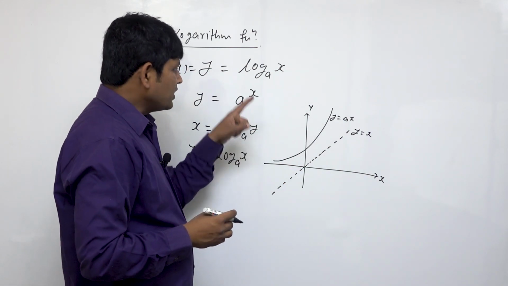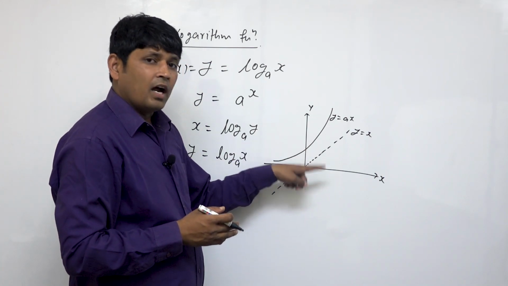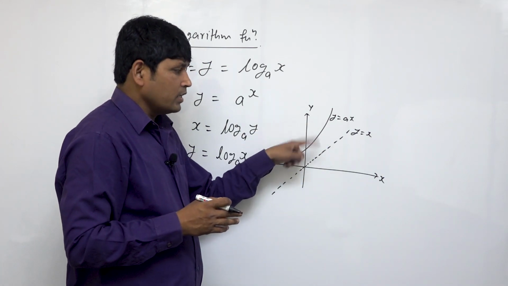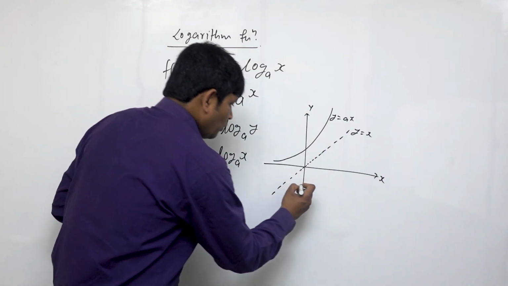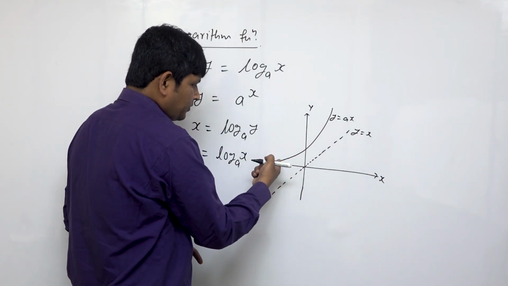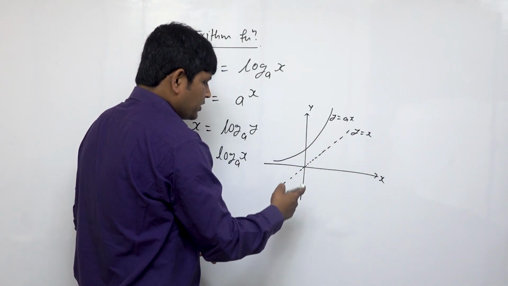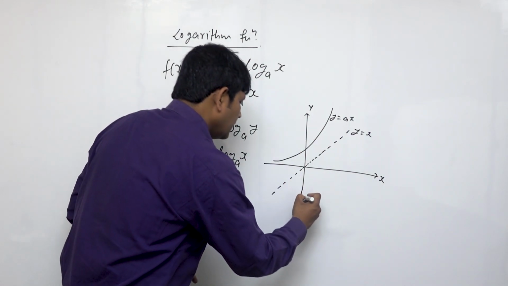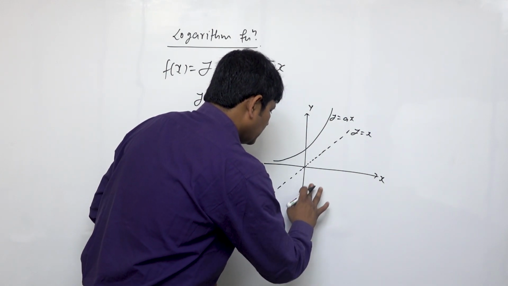What did I say? What is the relation between a function and its inverse? A function and its inverse are reflections about y is equal to x. So how can we represent their reflection here? The exponential function never touches the x-axis, but the logarithm function never touches the y-axis. So their reflection is like that.